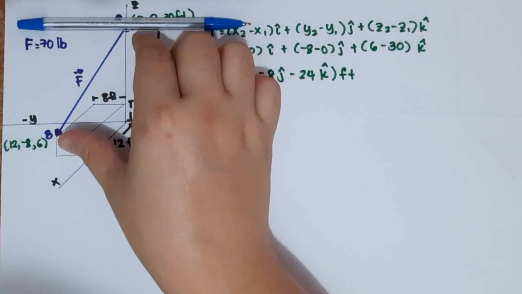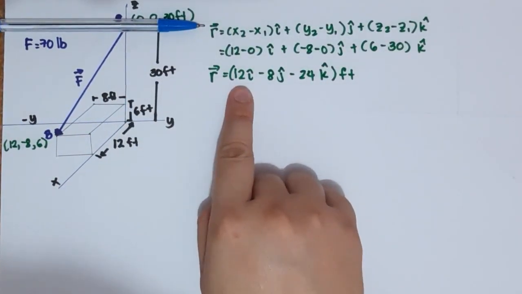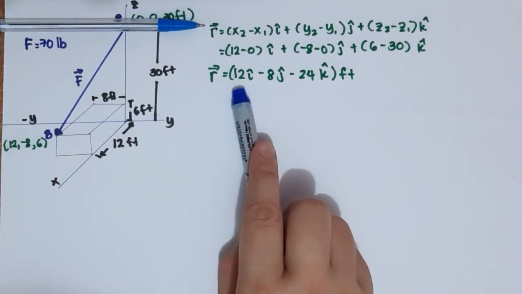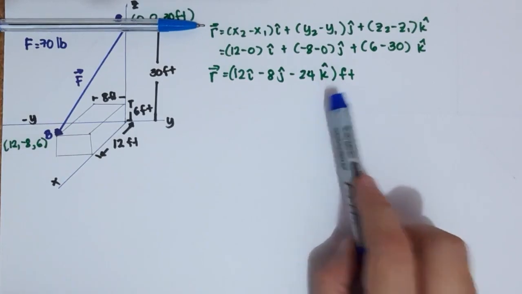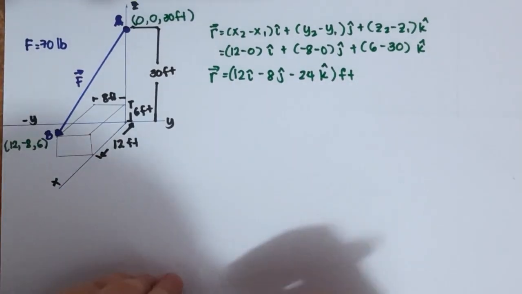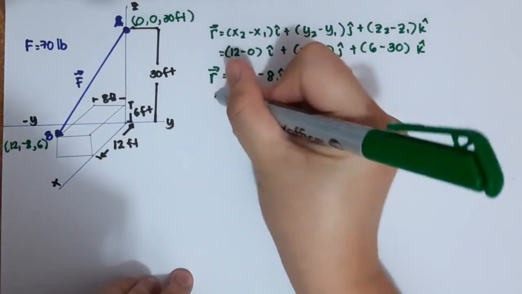Okay, so as we move our vector going here, that's the reason why our x component is positive, our y component is negative, and our z component is negative. So let's find its magnitude so that we can extract our unit vector.